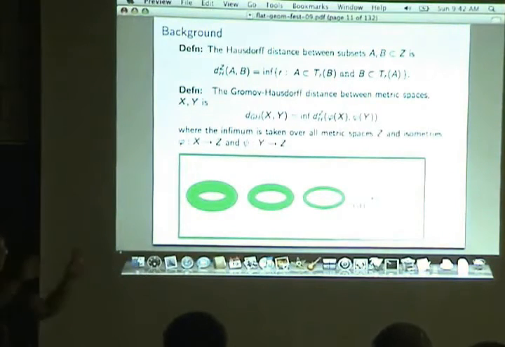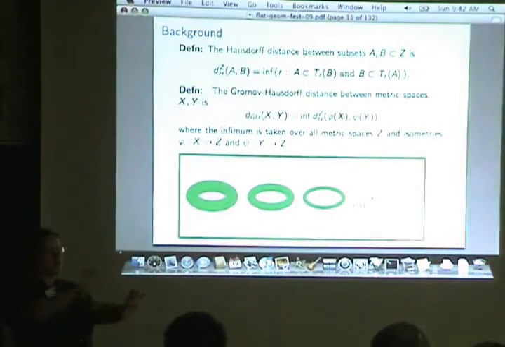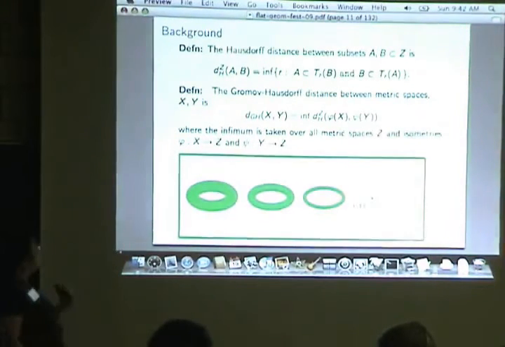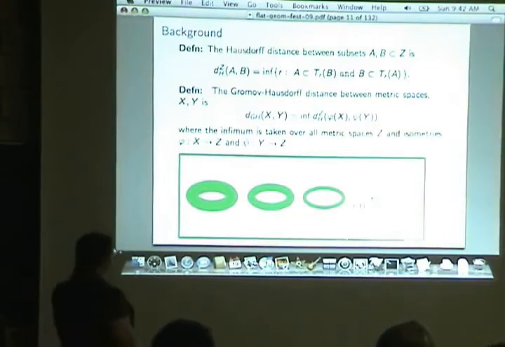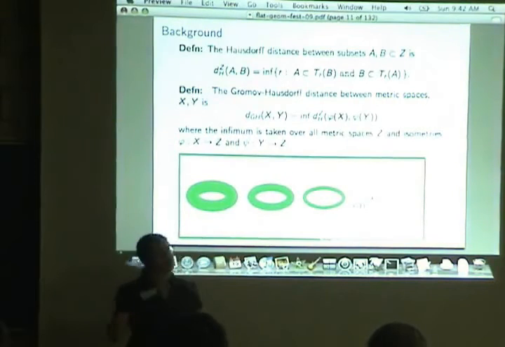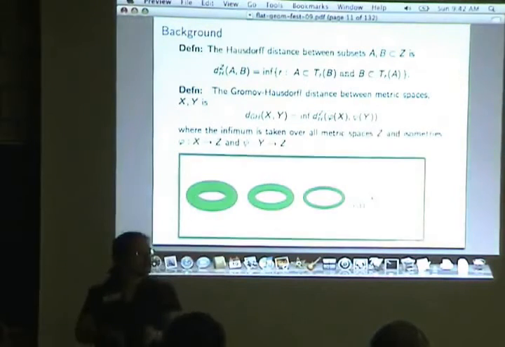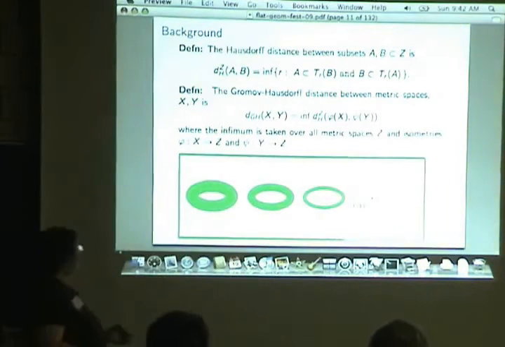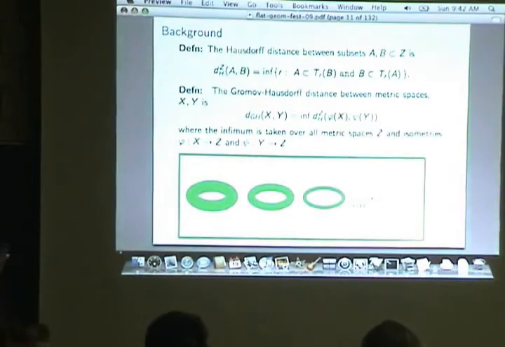So he takes isometric embeddings, puts them into a common metric space, checks the Hausdorff distance, then tries it again, lines them up, and then takes the infimum over all possible isometric embeddings and all possible metric spaces. And this Gromov Hausdorff distance has a blurring effect, so a sequence of tori getting thinner and thinner converge to just a circle. You see the dimension dropped here, and also the topology has changed.